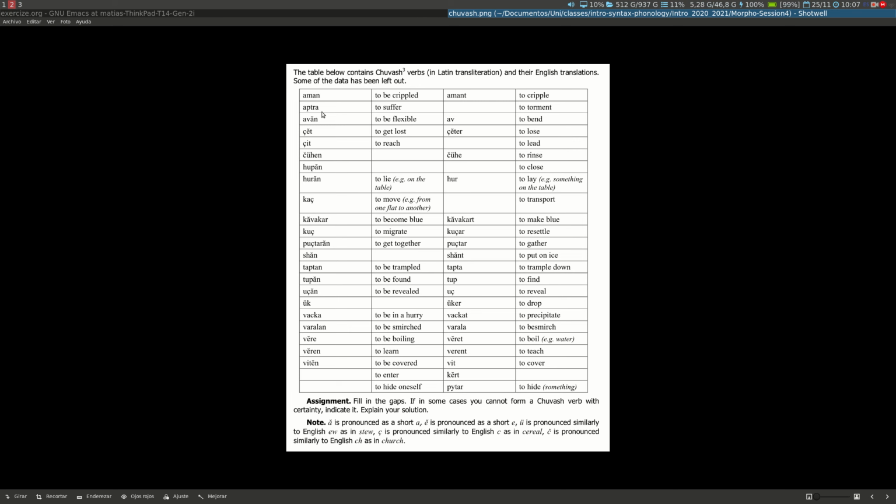And you see there are several alternations in Chuvash. This is a fairly inflective language, and you don't need to know any Chuvash or even what the pronunciation of these things is. The whole point is that you should try to look at the patterns.